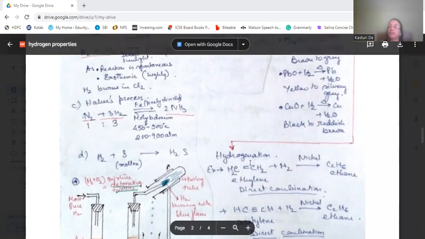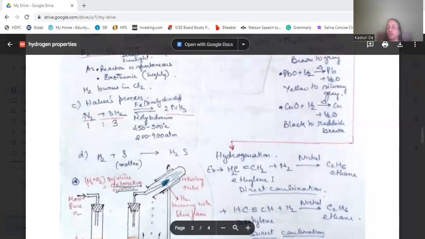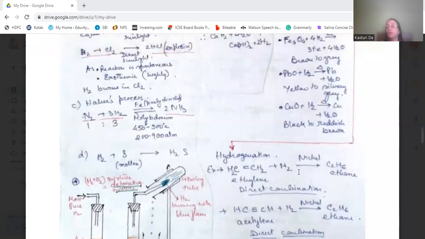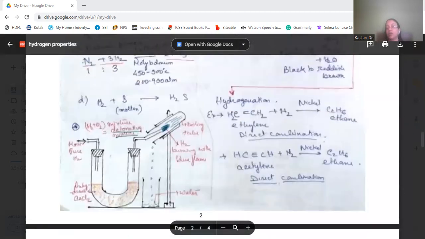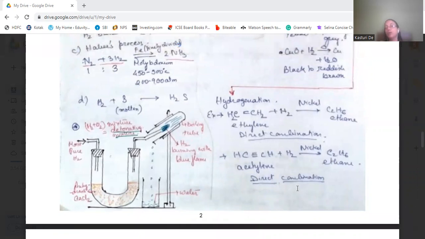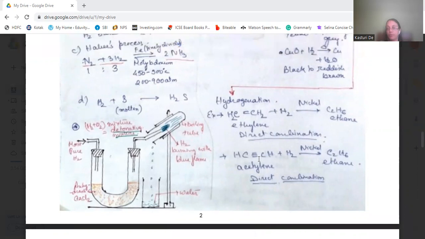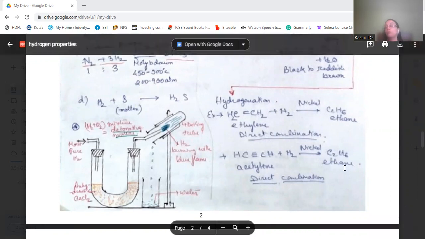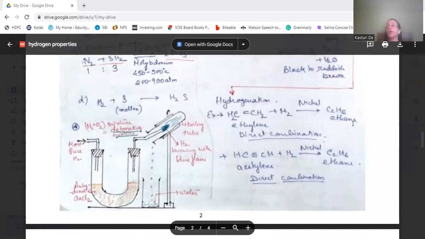Ethylene is a double bonded carbon compound, CH2=CH2, that will be reduced by hydrogen to form ethane, single bonded C2H6. This is a direct combination. Again, it directly combines with acetylene, triple bonded, to form C2H4, which will be reduced to C2H6.